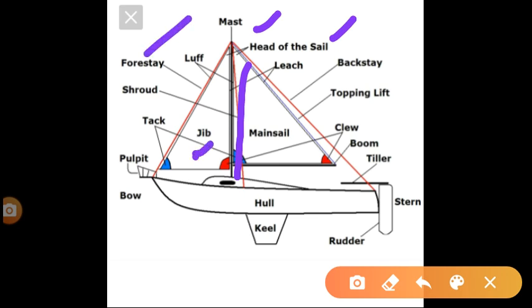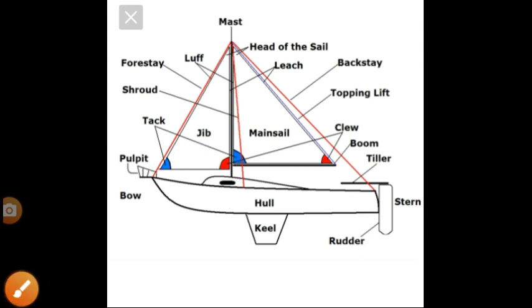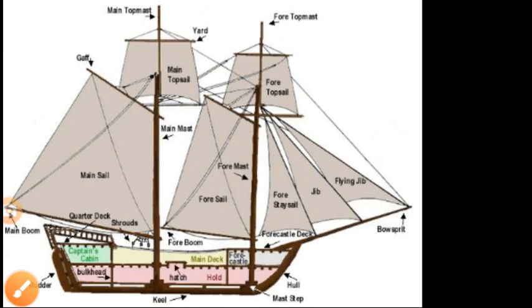This sail is known as jib. This keel is at the bottom and the wooden part of the boat is known as hull. The rear end of the sailboat is known as stern. Then this is boom. Then this is rudder.